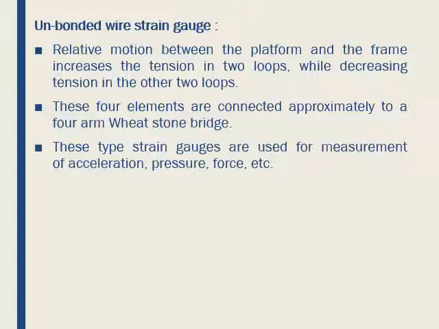Disadvantages are problems of fixing at the place of measurement. Applications: these unbonded type wire strain gauges can be used in displacement transducers and acceleration sensors, or nothing but the accelerometers.